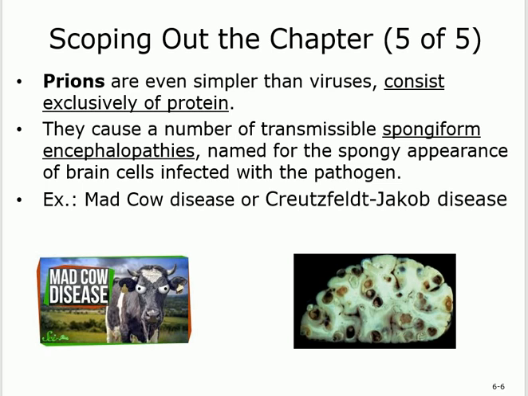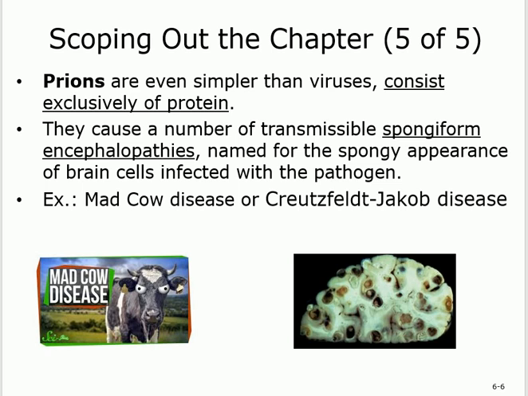We're not going to go into the details. This is not pathophysiology. We're just focusing on the virus itself. But it just goes to the brain and it will cause spongiform encephalopathies. The two examples, just as an example to remember, mad cow disease and the Creutzfeldt-Jakob disease.